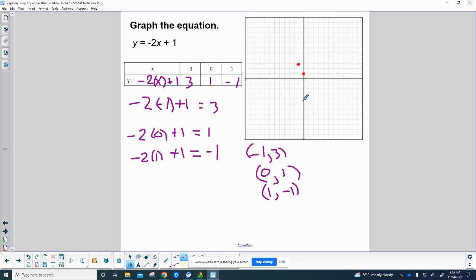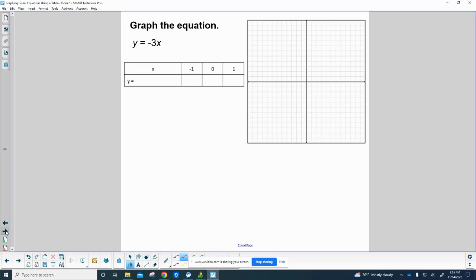And 1 and negative 1. So that line goes down like that. And so there we go. There's our graph of that equation. So as you can see, it's a little bit of work, a little bit tedious, but not difficult mathematics involved.